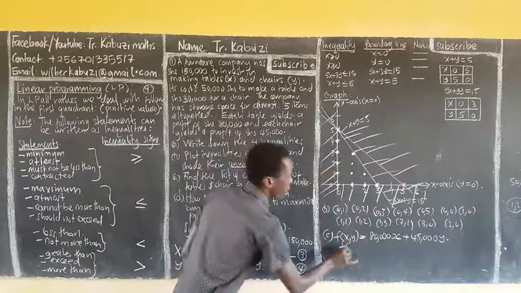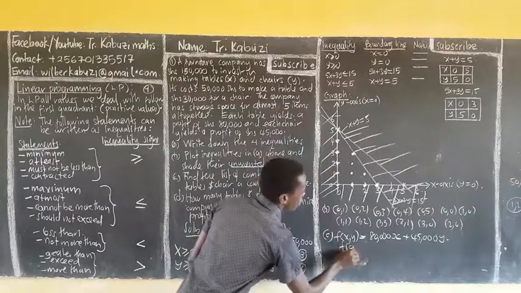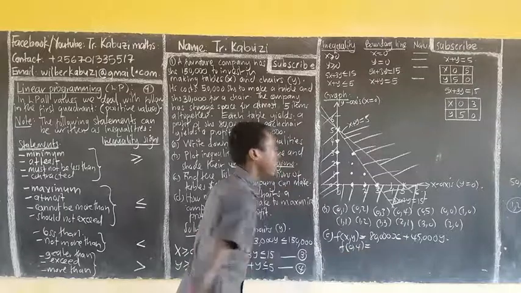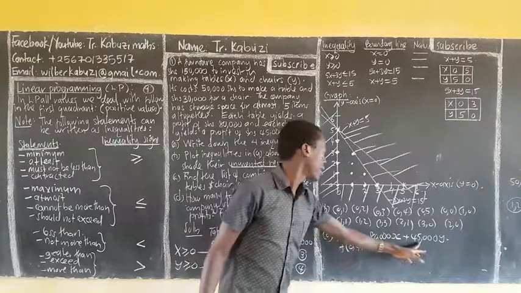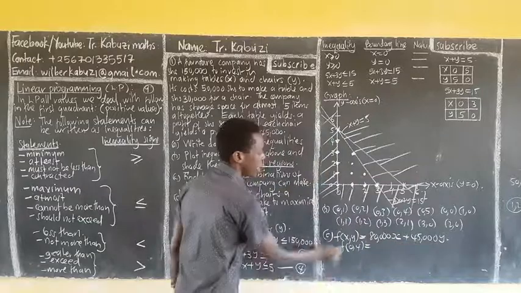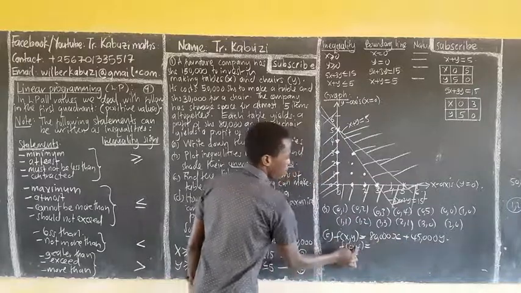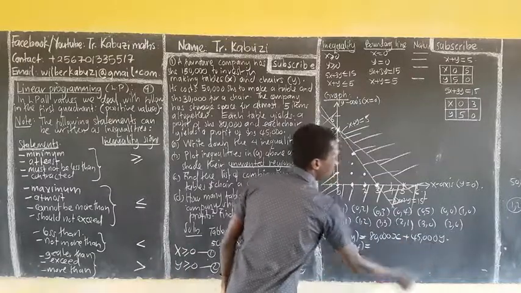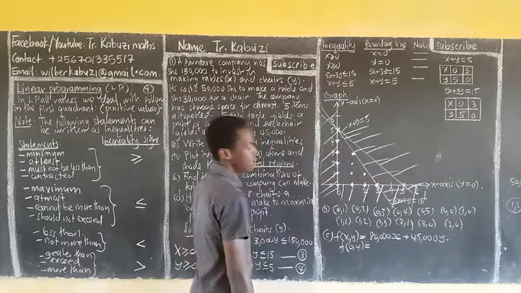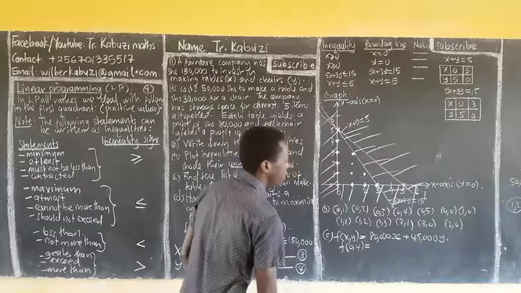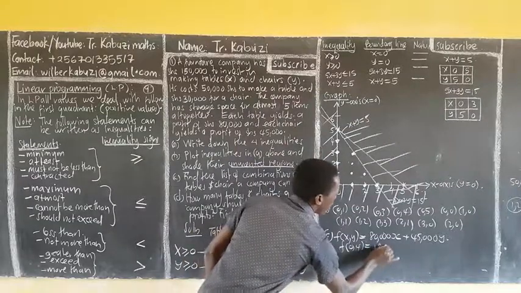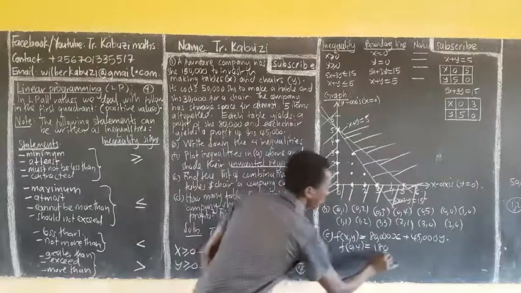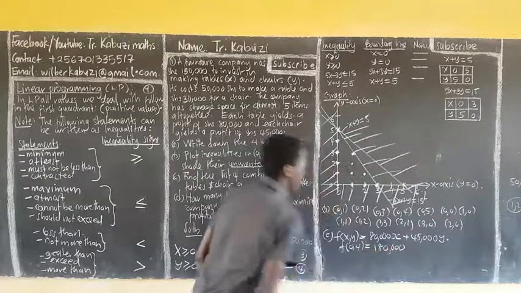Now, if I take 0, 4, so X is 0, then Y is 4. When I multiply 4 and that, I think I will be getting 180,000.